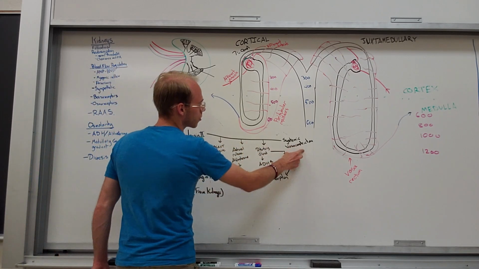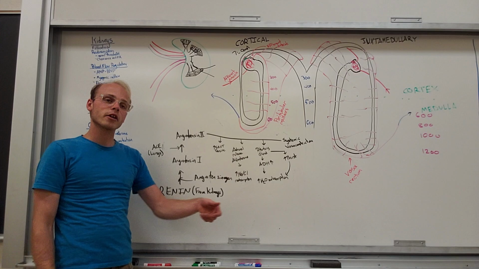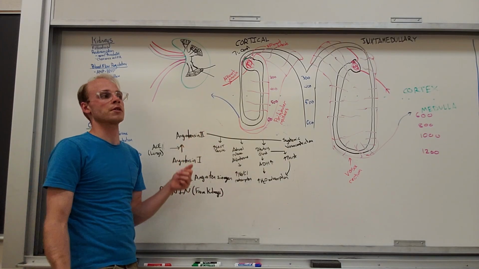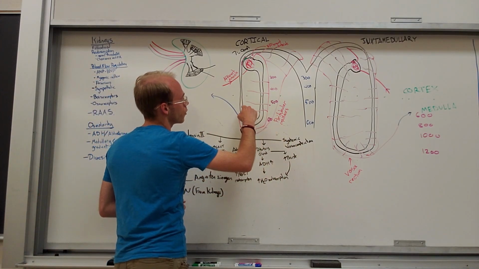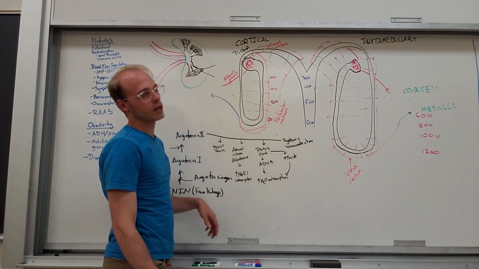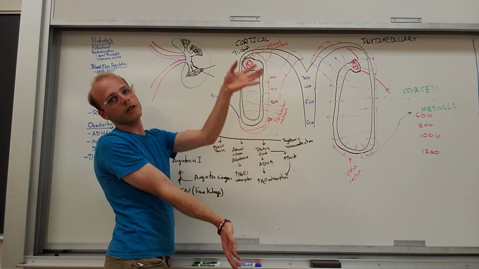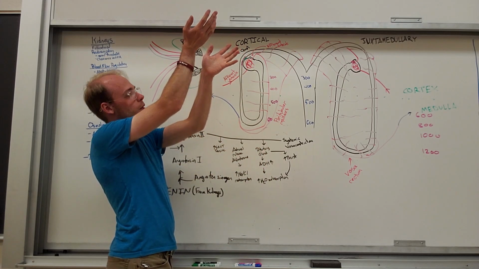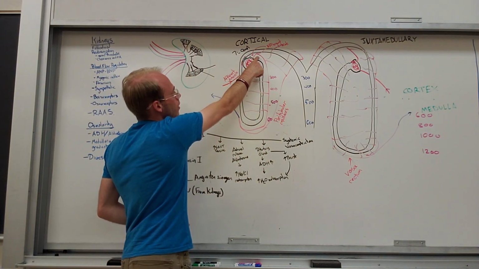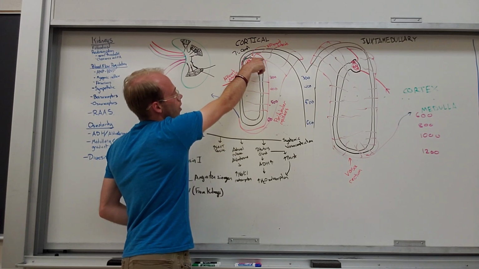Angiotensin 2 also causes increased activity of the sympathetic nervous system, which activates alpha 1 receptors, which causes constriction of all of your arteries, which will increase blood pressure. That also increases constriction on these.